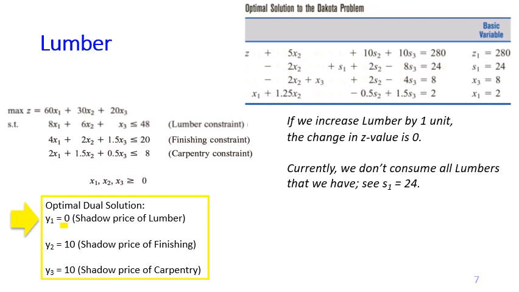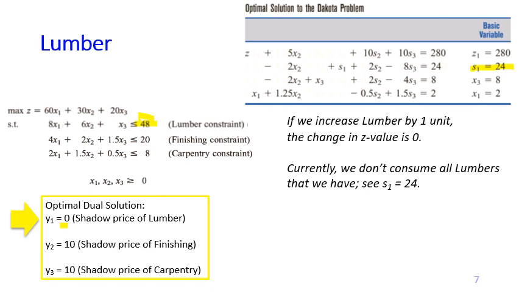Well, we may see that currently we don't consume all the lumber that we have. We have 48 board feet of lumber, but we only consume 24 of them, I believe, because you see that we still have the slack S1 equals 24. It means that we are 24 below the availability of the lumber constraint.